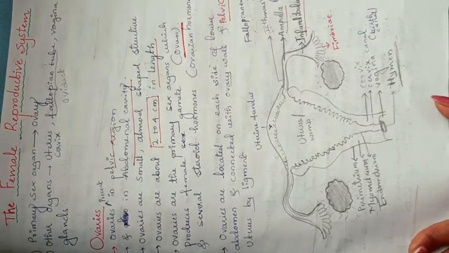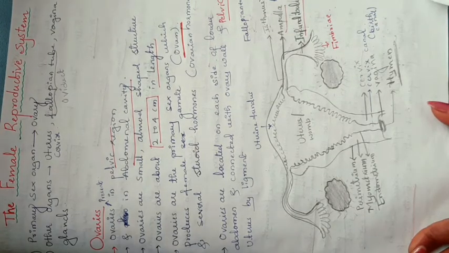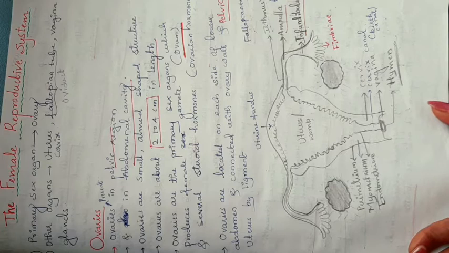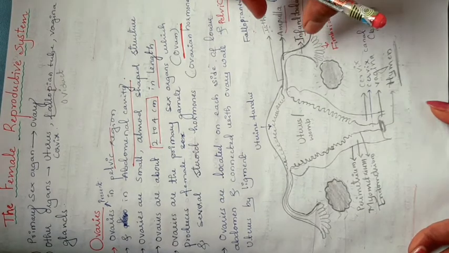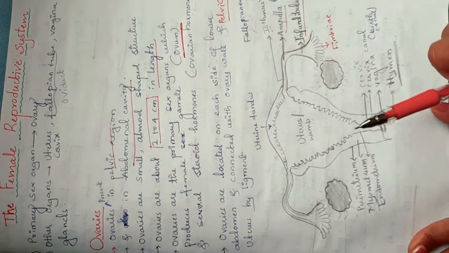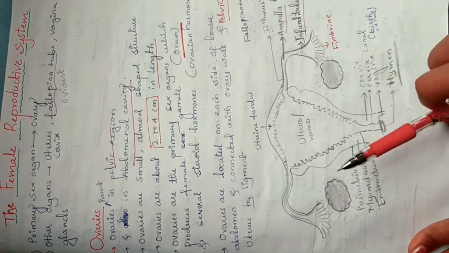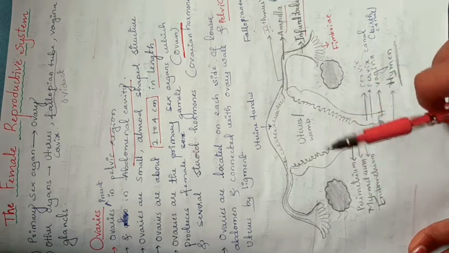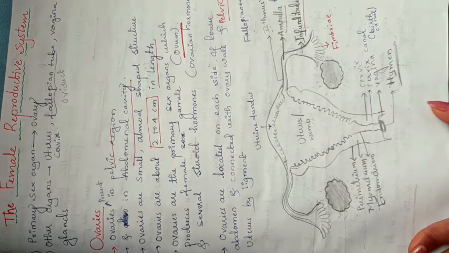In the last class we discussed the structure of the female reproductive system and its different parts. Once again, we can glance that the primary sex organs in females are the ovaries. The ovaries are always present in the abdominal cavity, so these organs are called intra-abdominal structures.